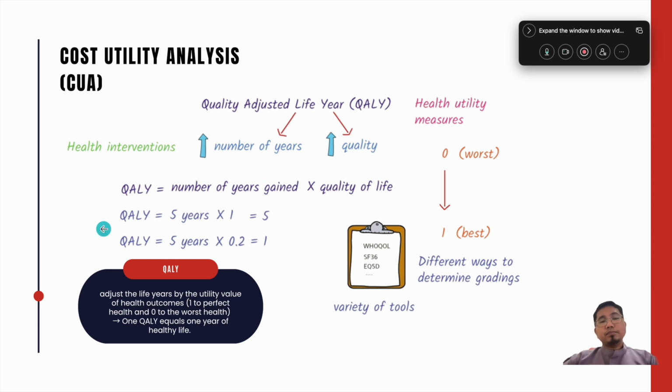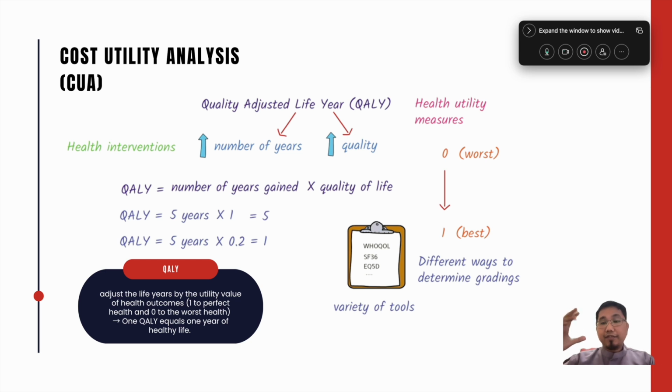So for example here, 5 years of life multiplied by 1, which is perfect health, so the patient has 5 QALYs. I mean 5 years of perfect health, and he lives 5 years. But look at the second example.